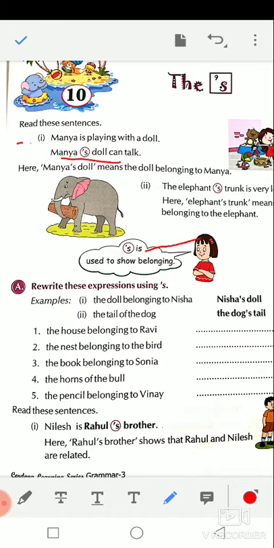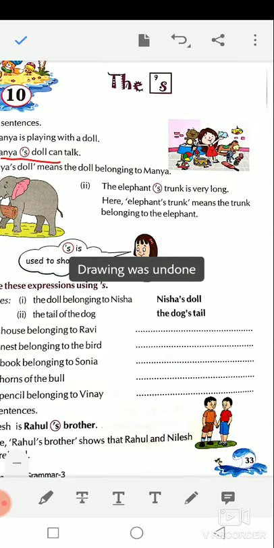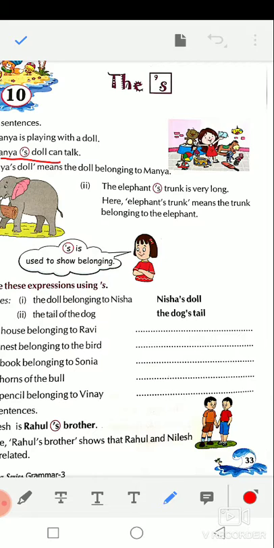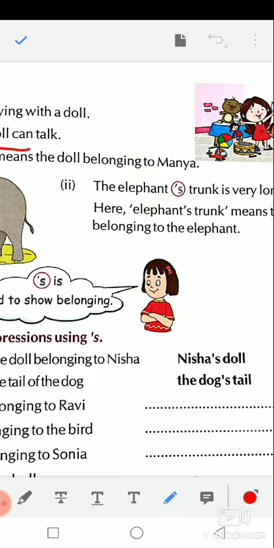And the next example is, the elephant's trunk is very long. Here elephant's trunk means the trunk belonging to the elephant. So what we have done here, we have put the elephant's trunk. It shows that we are talking about the trunk of an elephant.